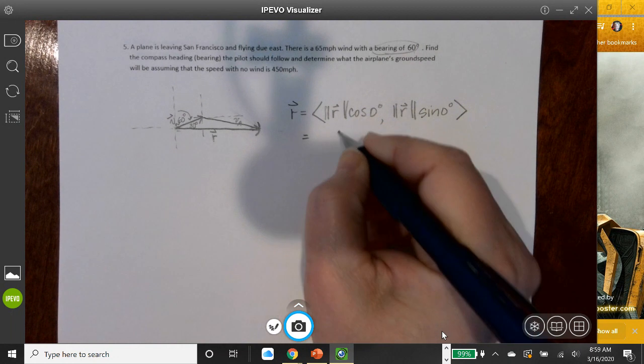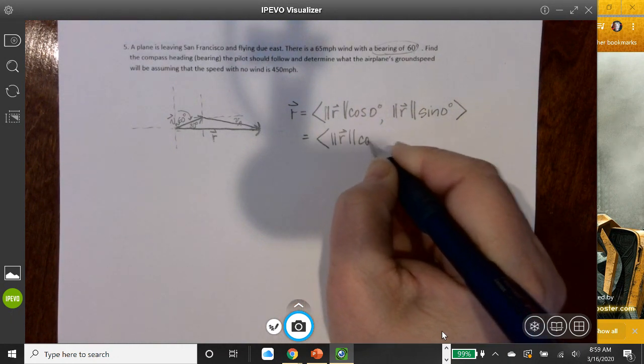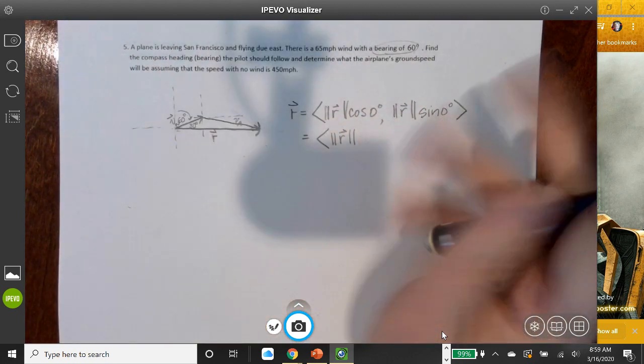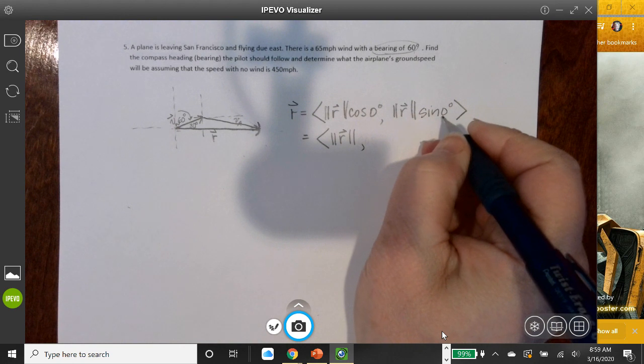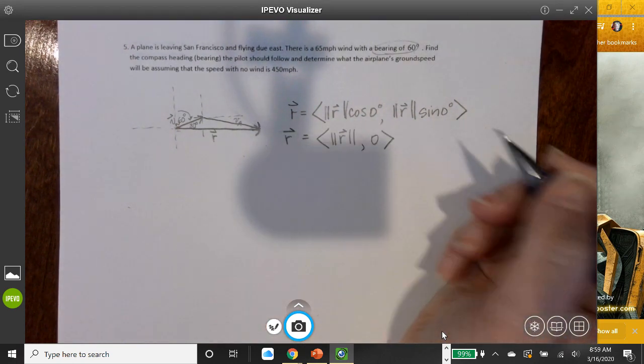All right, so if I were to write this out, it would be the magnitude of r times the cosine of 0, which is 1, right? And then this would just be 0 because the sine of 0 is 0. So I got the resultant vector.